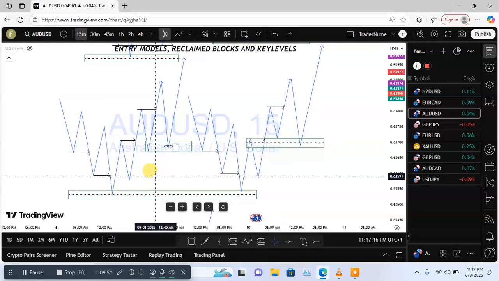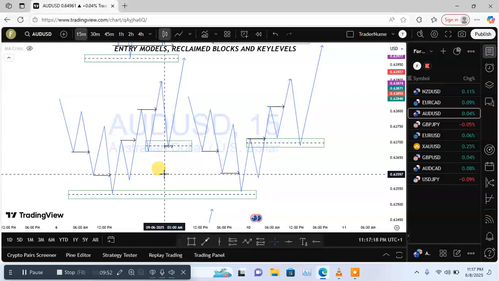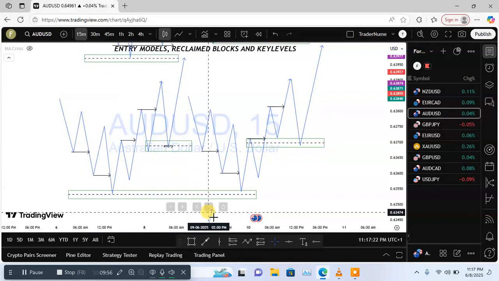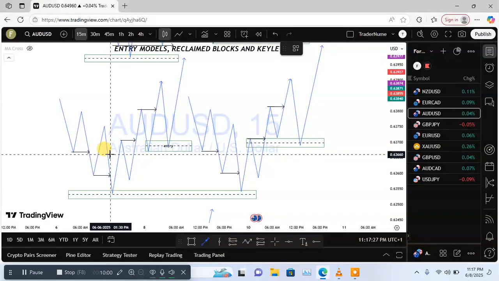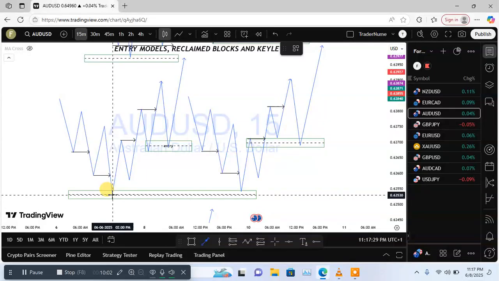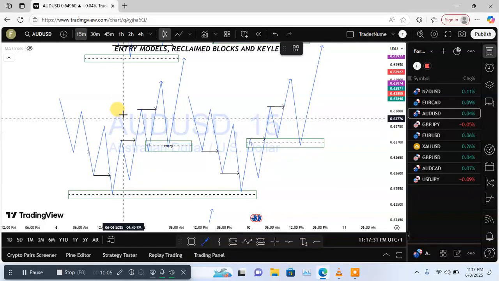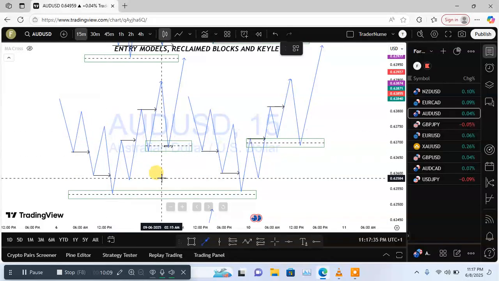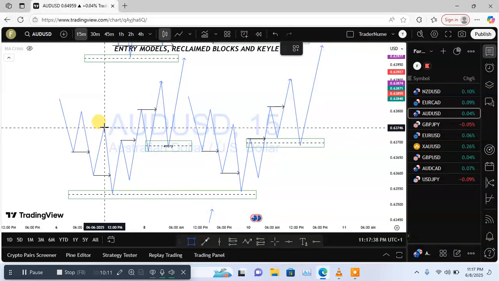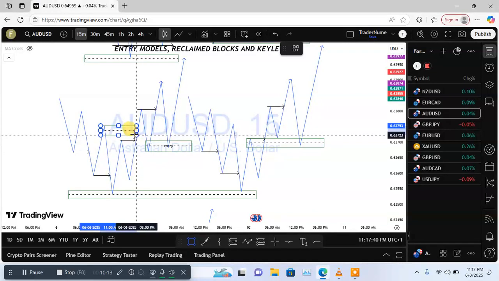Okay, this is actually the flip model, right? This is actually the flip model. What's it called? The flip entry. So price was, I don't know, just watch my mouse, right? Price swept and failed to break this high at once. Went to the supply zone here, tapped on the supply zone, right?